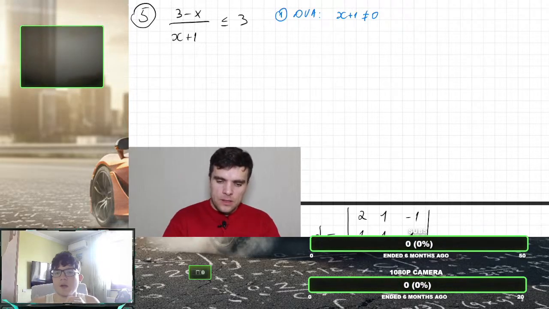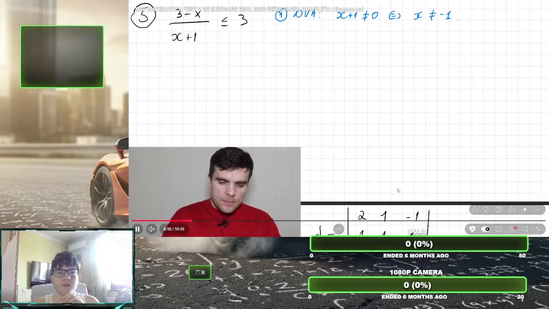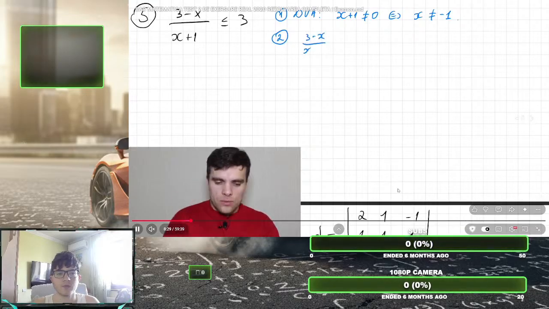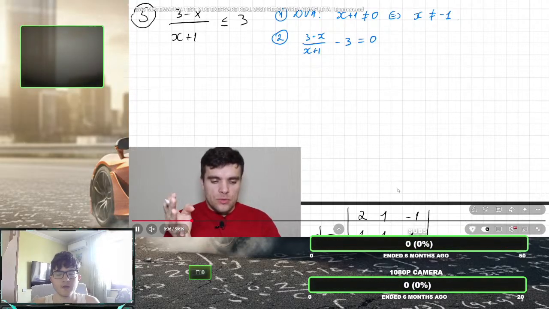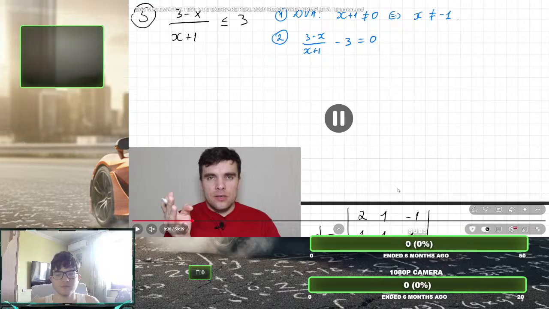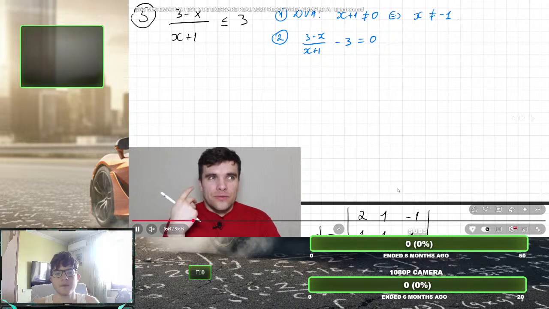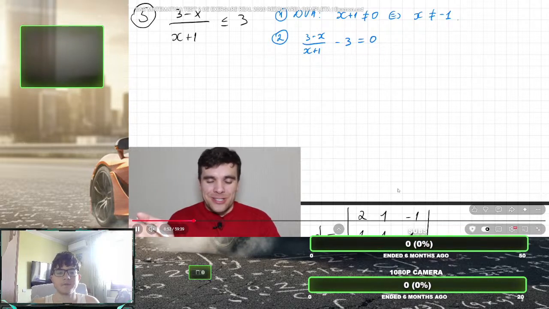Okay, I forgot, so x is not equal to minus 1. That's the domain right there. So now we move our 3 to the left, so it's going to be minus 3 equal to 0. Now the 3 part we multiply with x plus 1 and work from there.